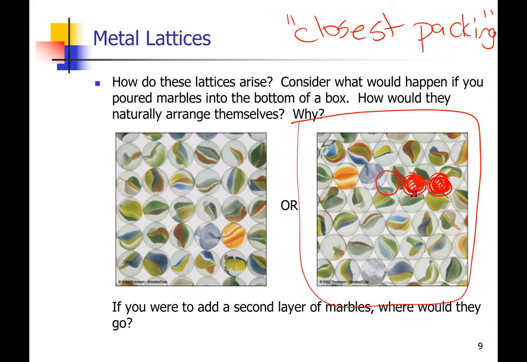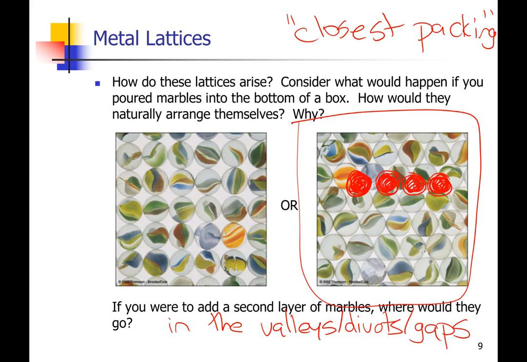And again, that is also what happens to atoms in a metal lattice. The next layer of atoms goes into the little divots. Whether you want to call those valleys or divots or gaps, the holes.